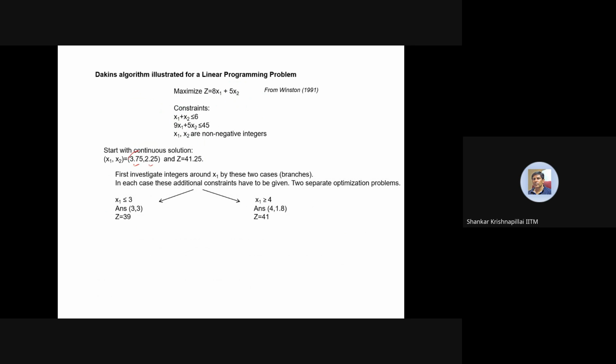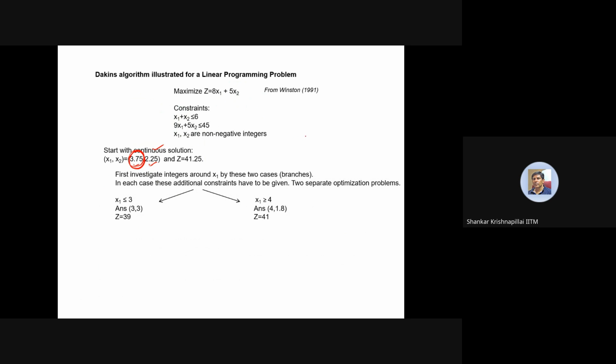First, you force x1 to be an integer, while x2 is allowed to be a continuous variable. So first you force x1 to the nearest integer, while x2 is allowed to be a continuous variable.